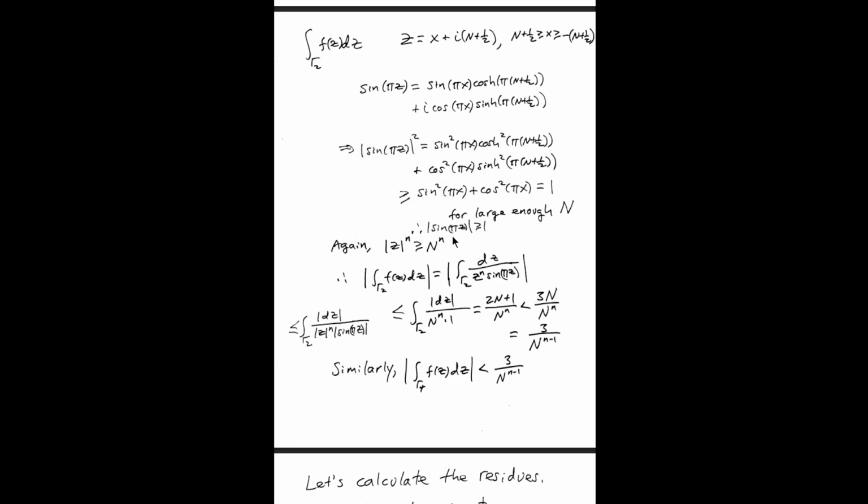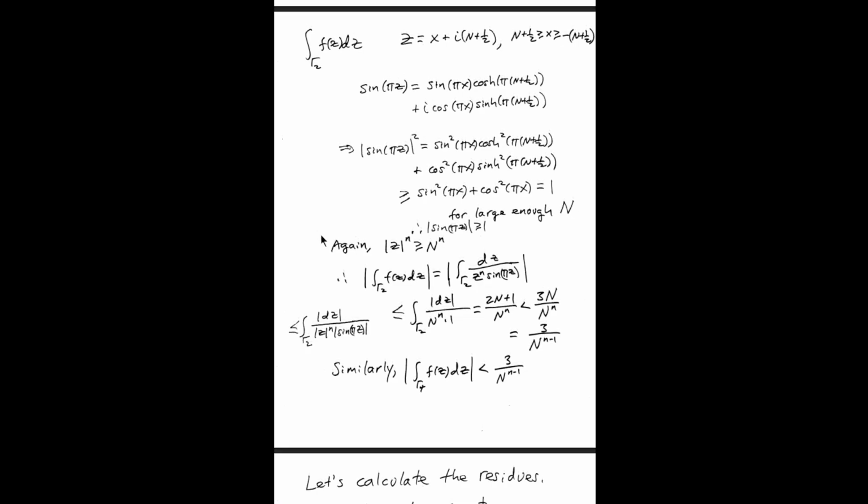So also then, the modulus of sine of pi z is greater than or equal to 1. And again, as earlier, the absolute value of z to the n is greater than or equal to n to the n, as we learned on gamma 1. Same thing.